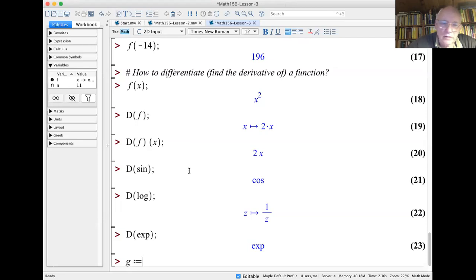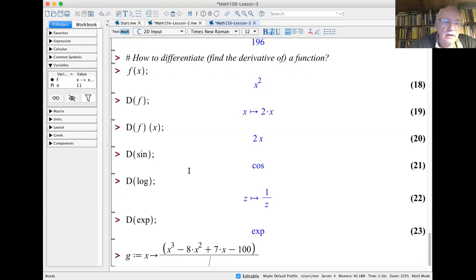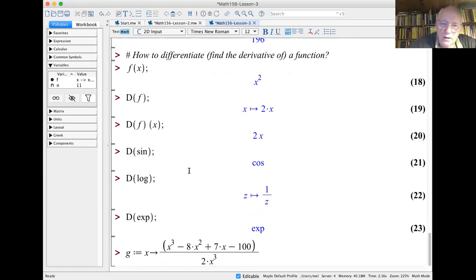So g is the function x goes to, say, x cubed minus 8 times x squared plus 7x minus 100, divided by 2 times x cubed plus x plus 31.